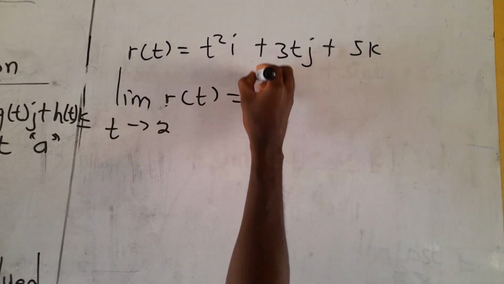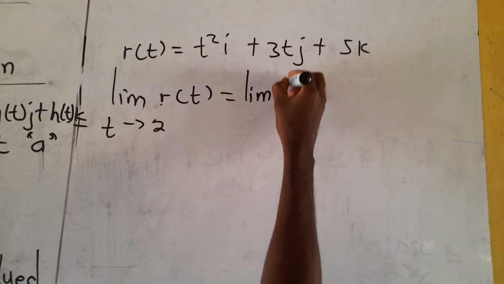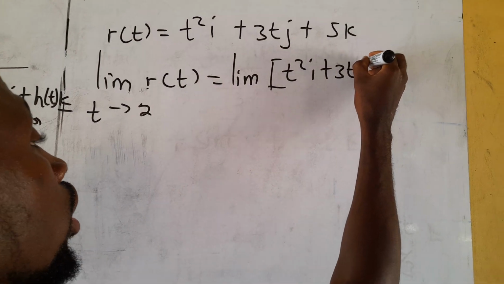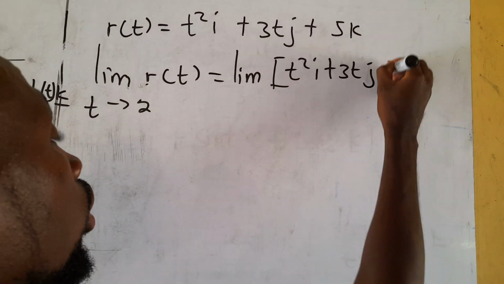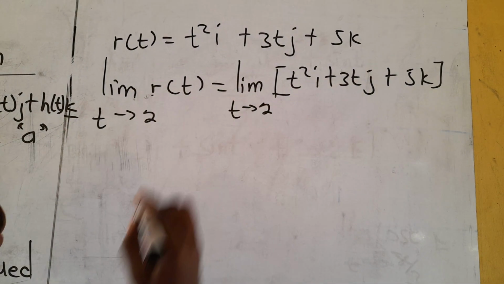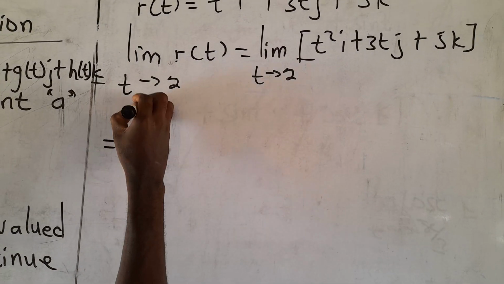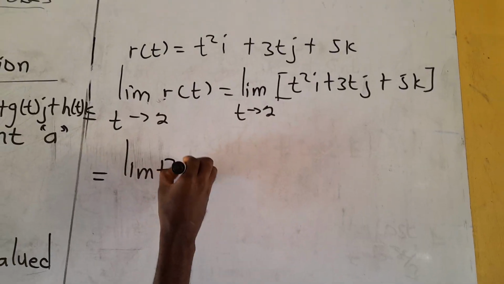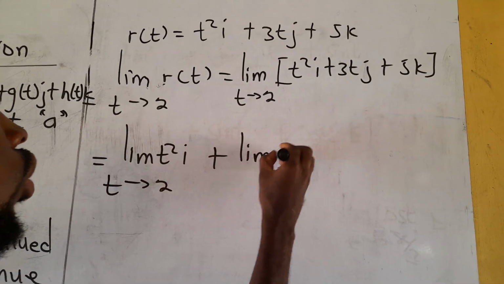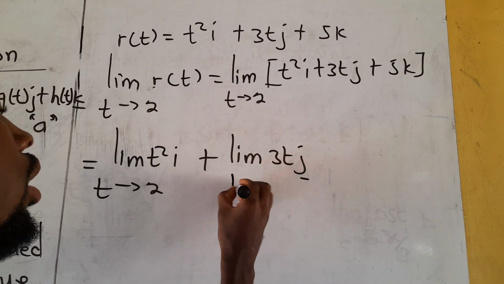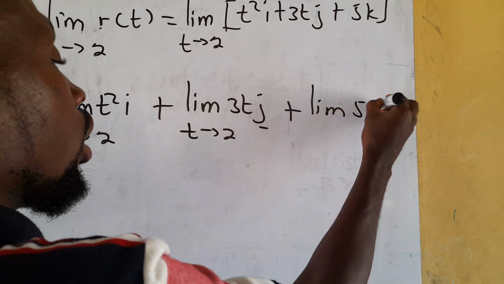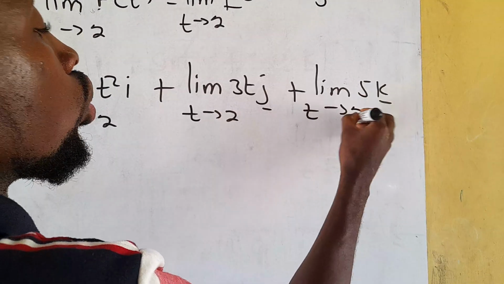So this will just be equal to the limit of our vector valued function, which is t squared i plus 3tj plus 5k as t approaches 2. Remember that is equal to the limit of t squared i as t approaches 2, plus the limit of 3tj as t approaches 2, plus the limit of 5k as t approaches 2.